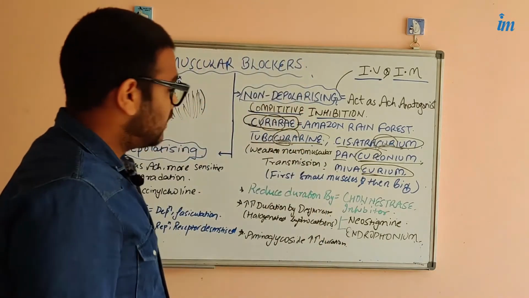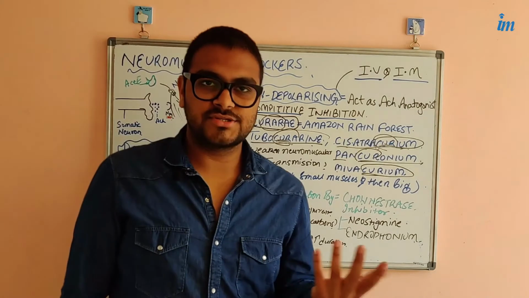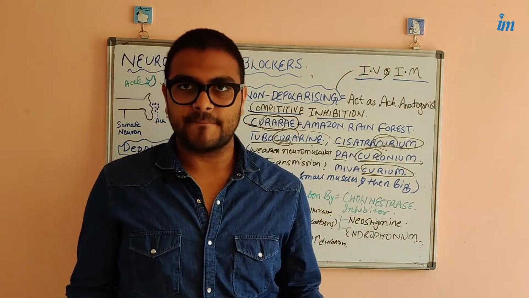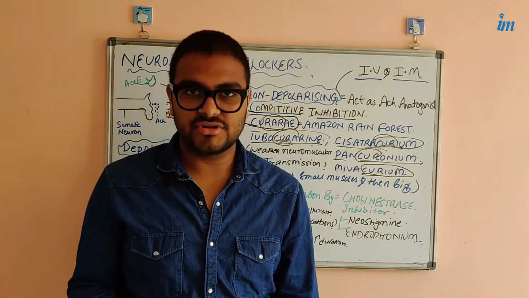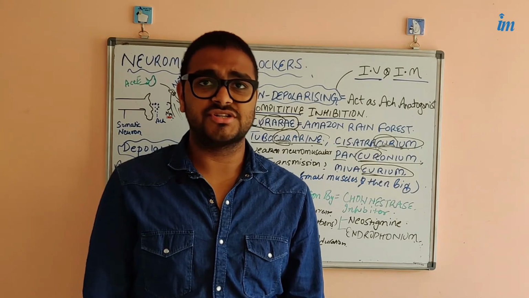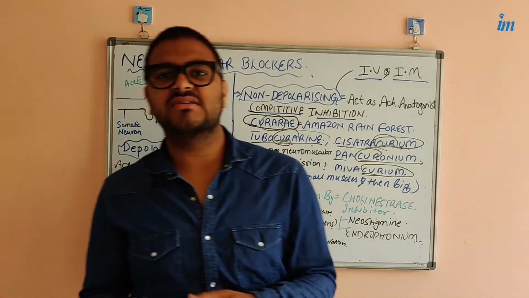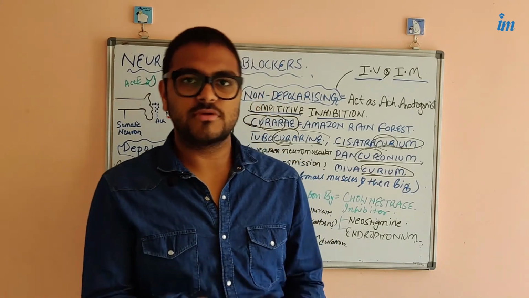Now, how can you manage the concentration of such neuromuscular blocking agents? Obviously, we give them in surgery and other procedures. Sometimes we want the muscle to be more relaxed, sometimes less relaxed, and sometimes we want the muscle to be normal.